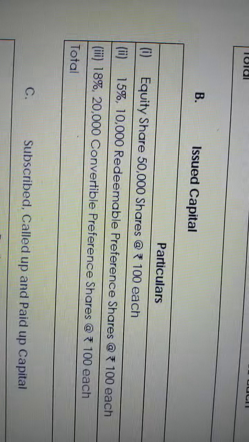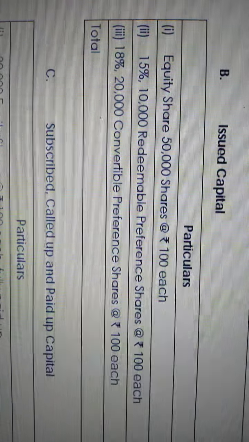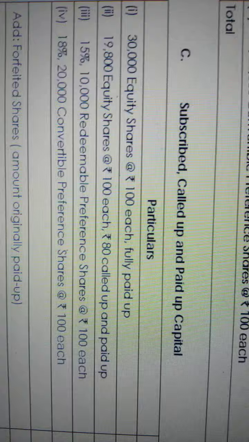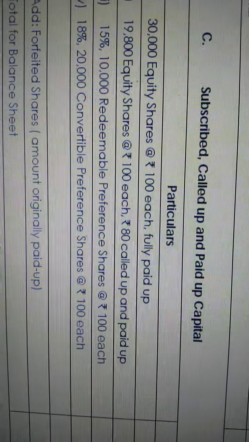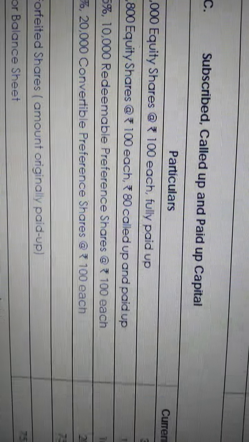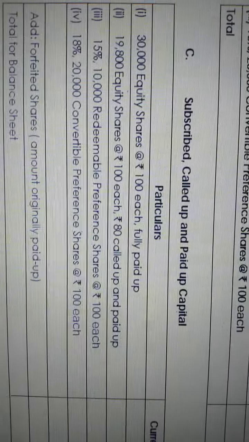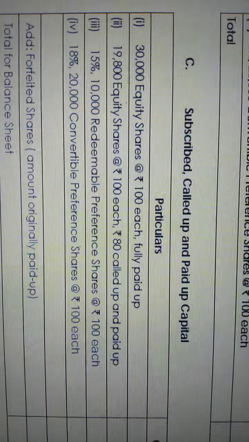Then subscribed is also given in the question. We are just rewriting the question in a different format. 30,000 equity shares, 30 lakhs, 19,800 into 80, 15,84,000.